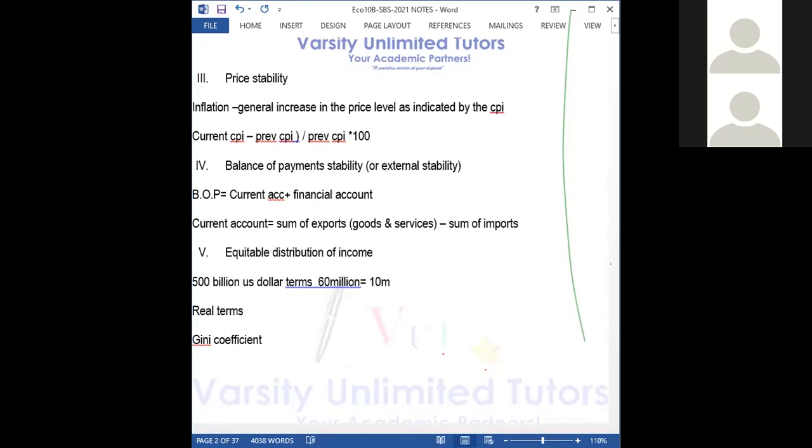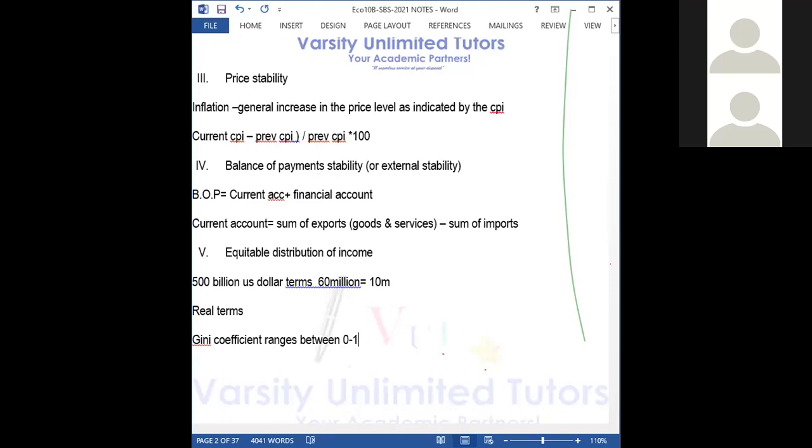This Gini coefficient basically measures the extent to which an economy's wealth is distributed, and it ranges between 0 to 1, with 0 meaning that we have perfect equality, and with 1 indicating that we have perfect inequality.